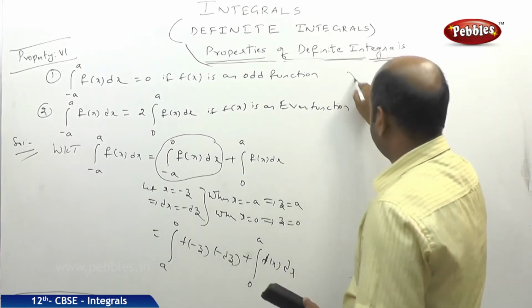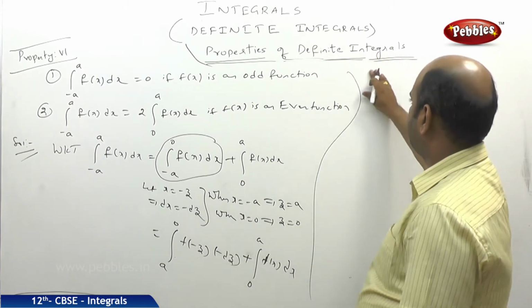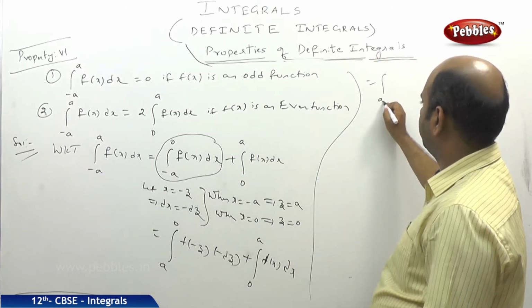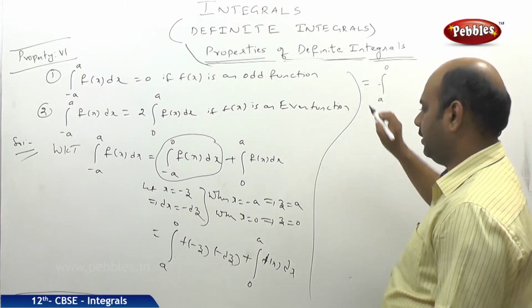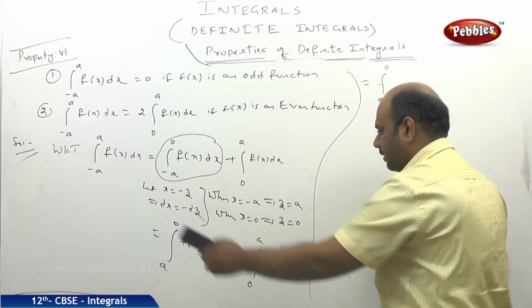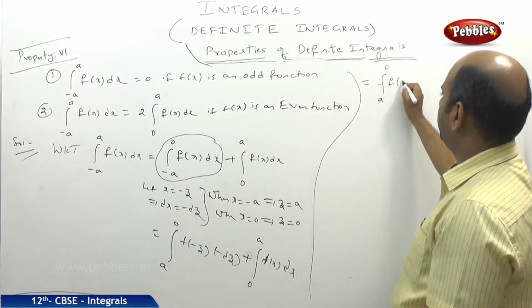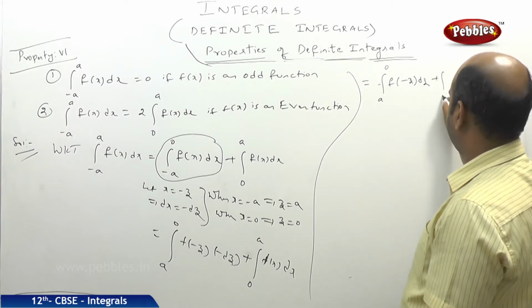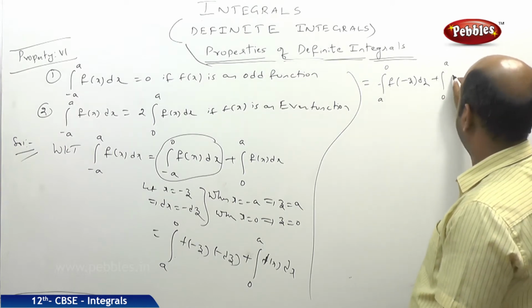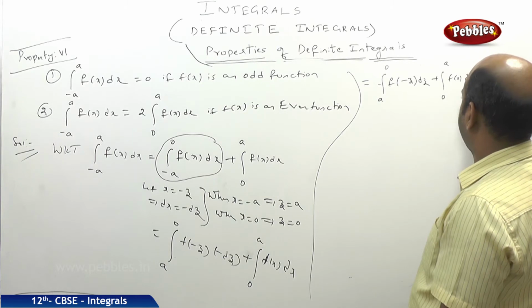Finally, if you observe carefully, that is equal to integral from a to 0, here a minus will be there, because minus dz, the minus going outside, we get f of minus z dz plus integral of 0 to a f of x dx.